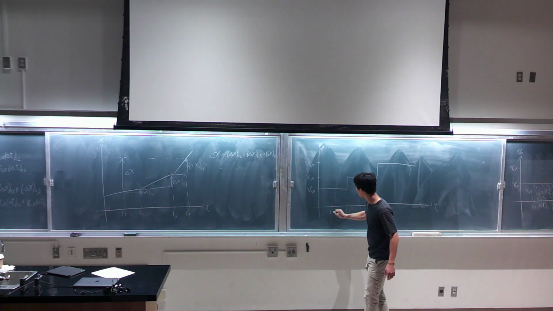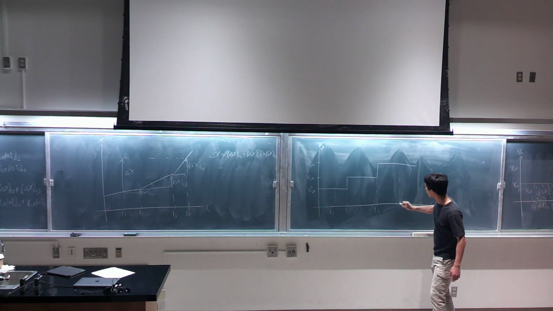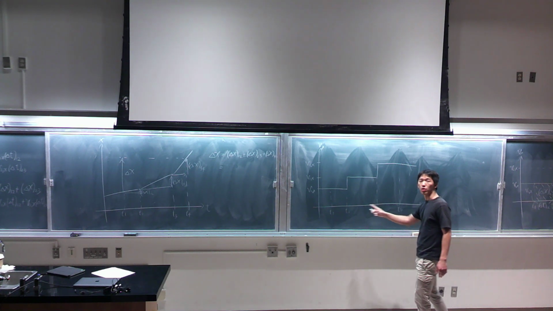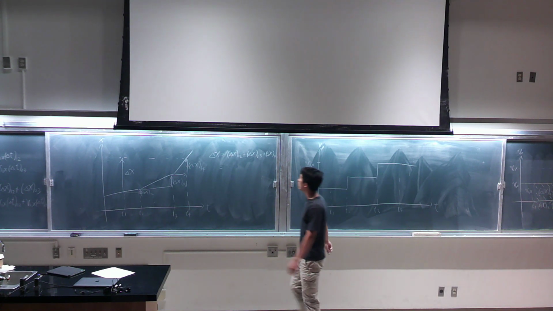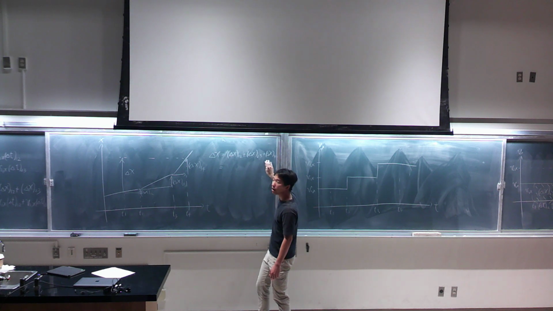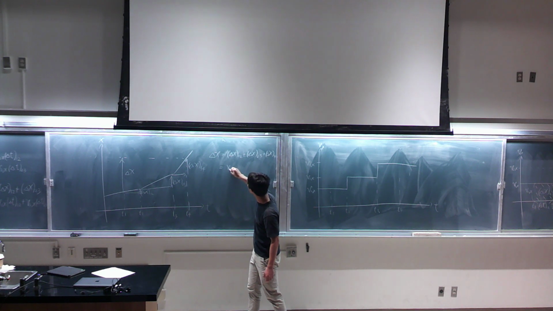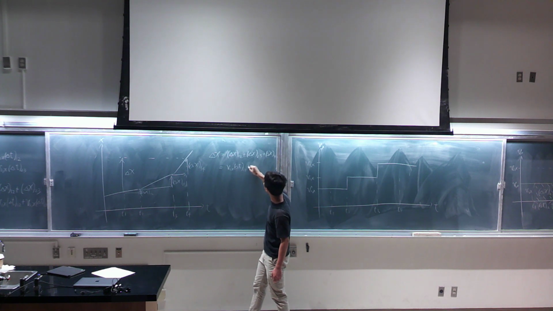So if we are looking at the displacement from t1 all the way to t4, the individual part will be the velocity corresponding to that part times the time interval corresponding to that part.